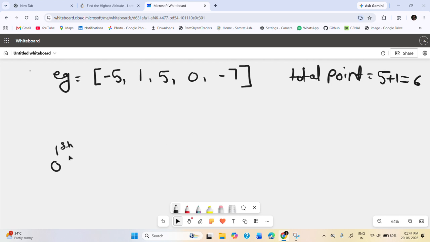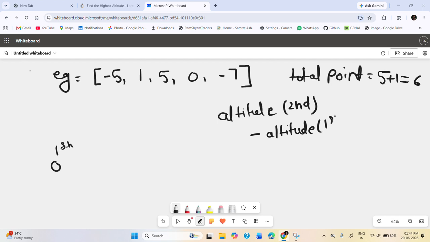We know that when the biker goes from this point to the second point, the net gain between them is minus 5. So the altitude at second minus altitude at first point is equal to the net gain between these points.